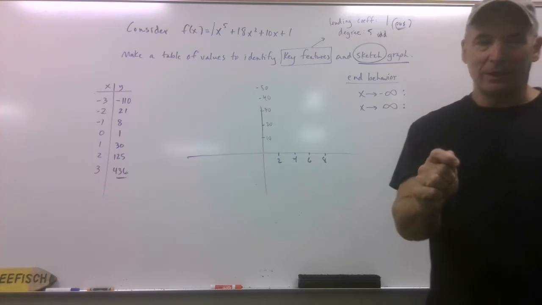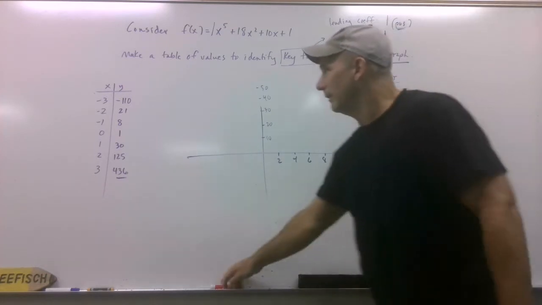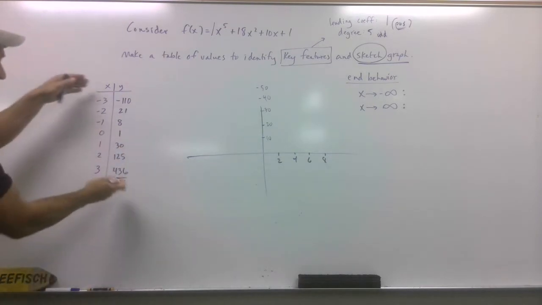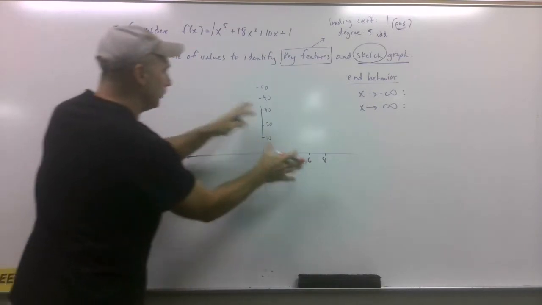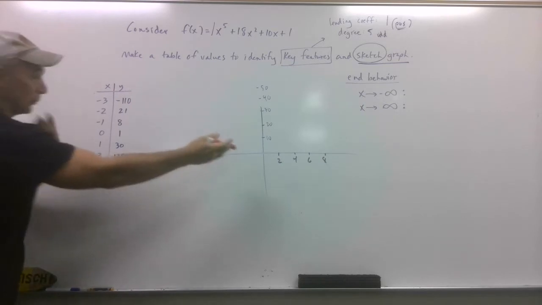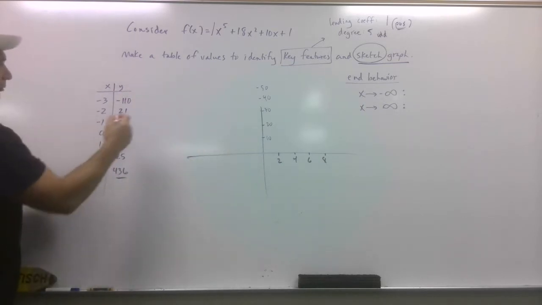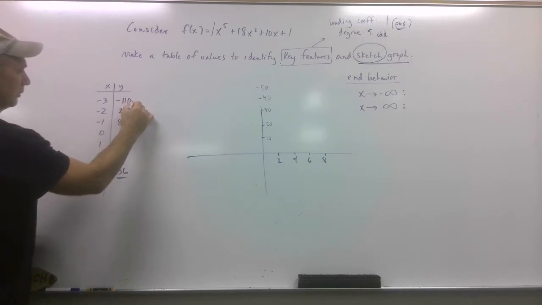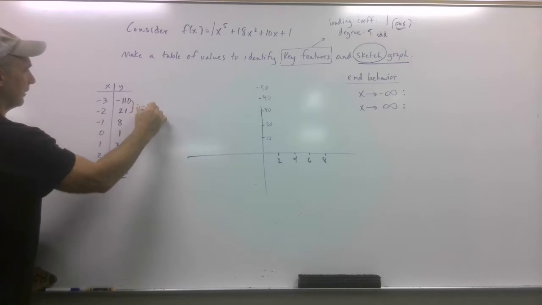Now we've got to be detectives and look at this pattern. This is what they want us to do: fill in the table, build a graph that's appropriate, and then look at it. So notice from here to here it's increasing.